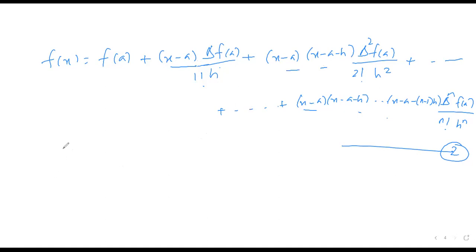Let's put x equal to a plus ph. Since we are going to find a plus nh, I am going to substitute one value, ph. So what will be the p from this? What is the p? Can you answer me?